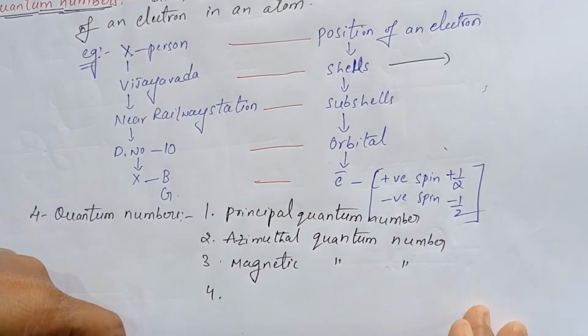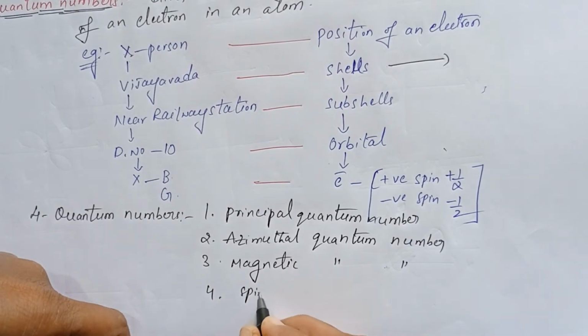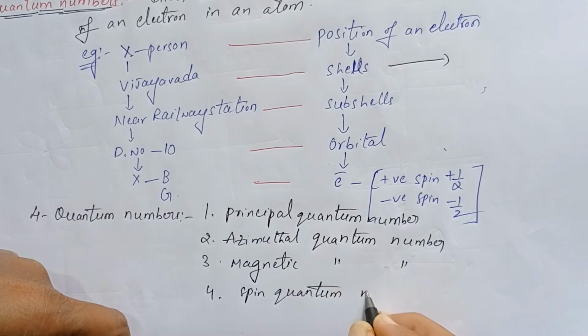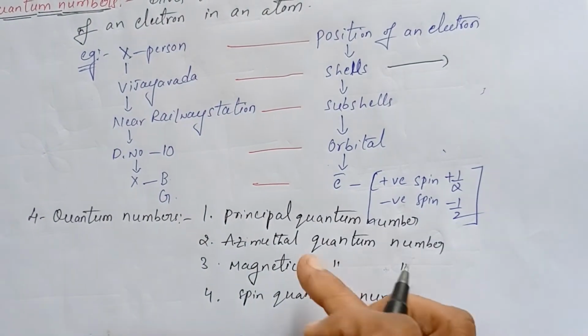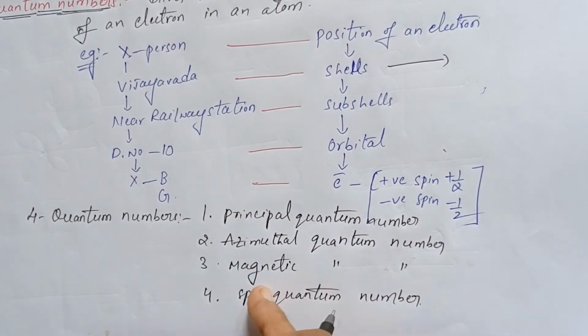And fourth one is spin quantum number. Are you clear? Understanding, students, total 4 quantum numbers are there: principal quantum number, azimuthal quantum number, magnetic quantum number, spin quantum number.